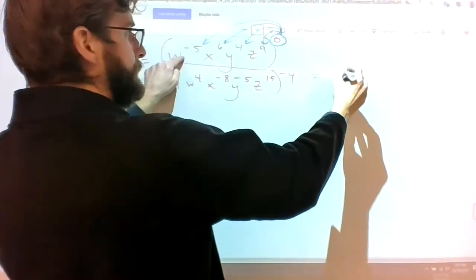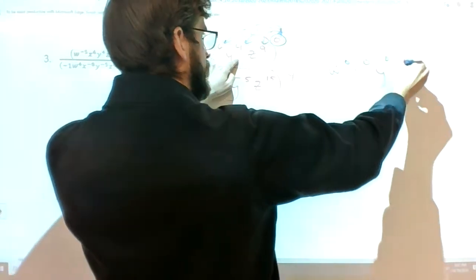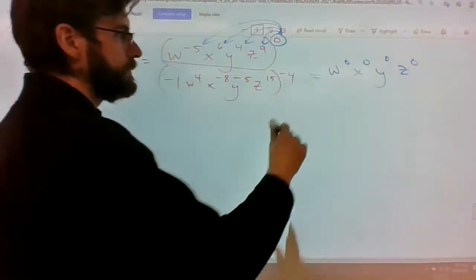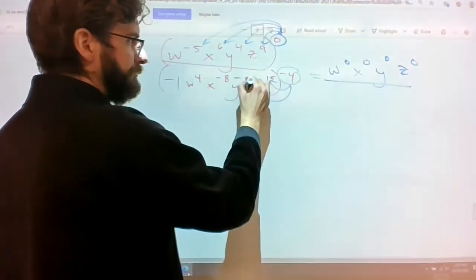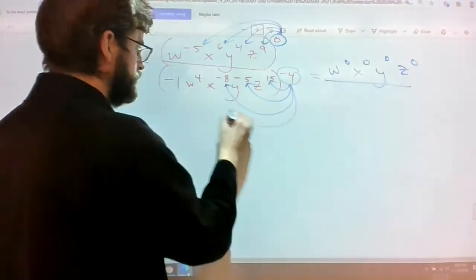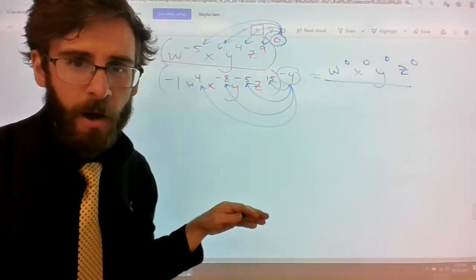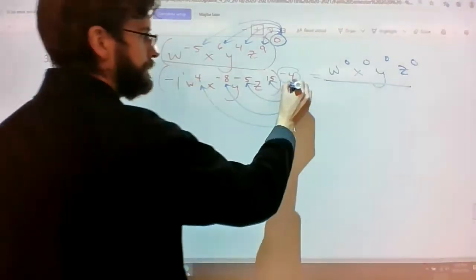So this is going to be w to the 0 power, x to the 0 power, y to the 0 power, and z to the 0 power. And then on the bottom, you're multiplying everybody by -4. Again, the -1, since it doesn't list a power, an exponent, it's got an exponent of 1.